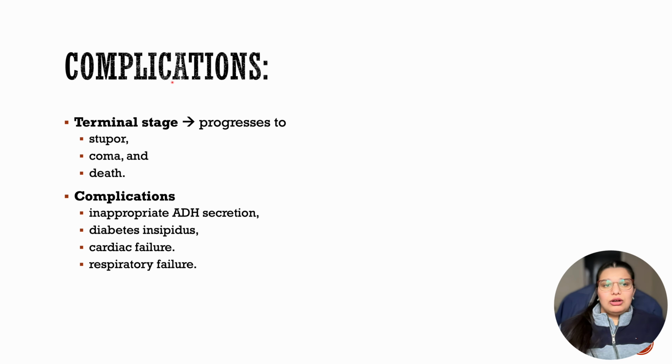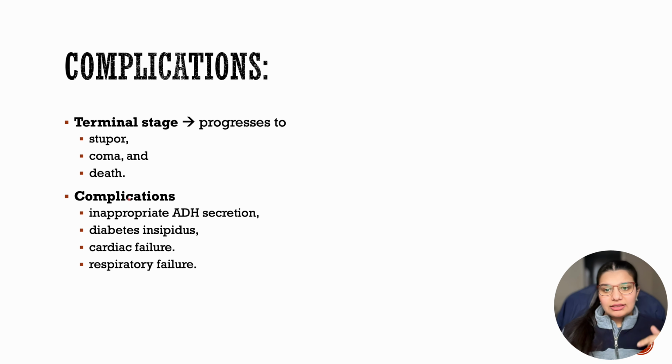Moving on to the complications. The terminal stage: first we talked about the incubation period, then the prodromal phase. After the prodromal phase, it progresses to the acute neurological disease, and after that, if it's not treated and it progresses, it can lead to the terminal stage, with stupor, coma, and even death of the patient.